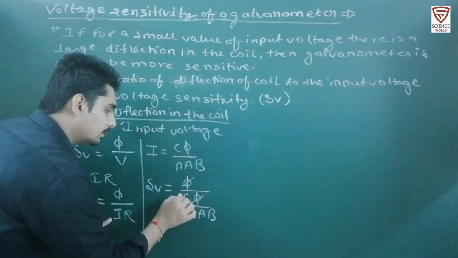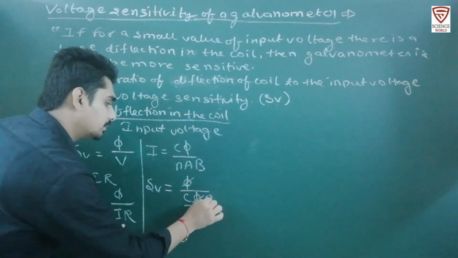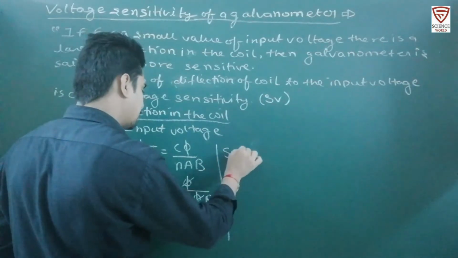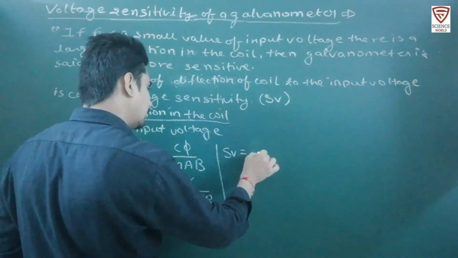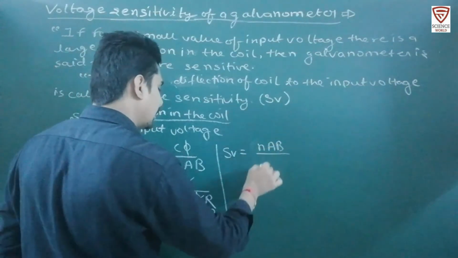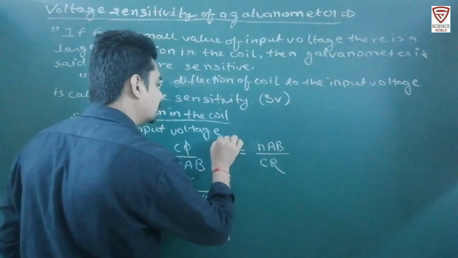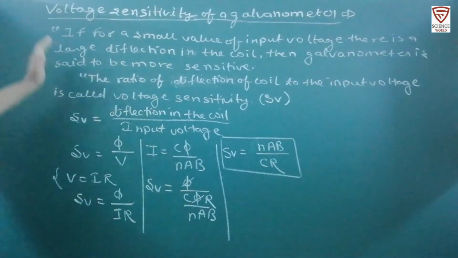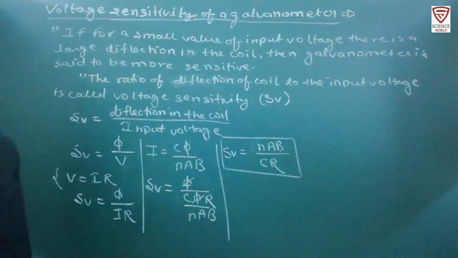So we can write down SV is equals to NAB upon CR. So it is the formula of voltage sensitivity of a galvanometer.